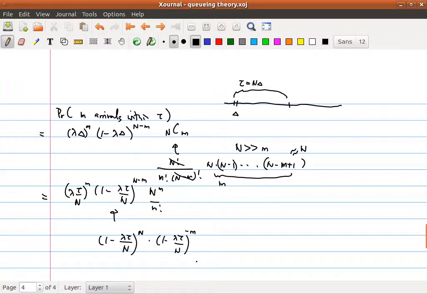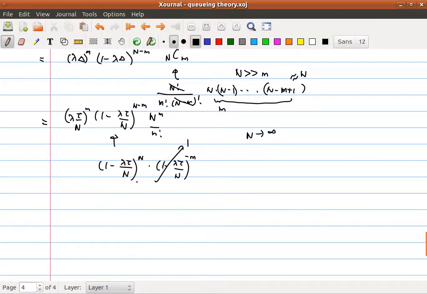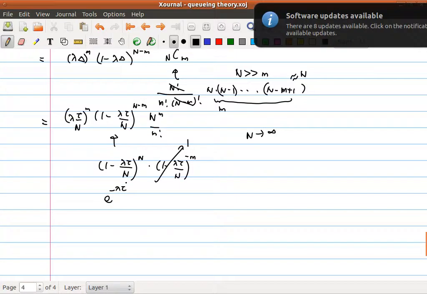Because n is very big and goes to infinity, the latter term is essentially 1 multiplied by itself m times, and this m is finite, therefore this term is essentially equal to 1. You can just say it is approximately equal to the first factor. But the nice thing is that we know this expression: as n goes to infinity, it is equal to e to the minus lambda tau.